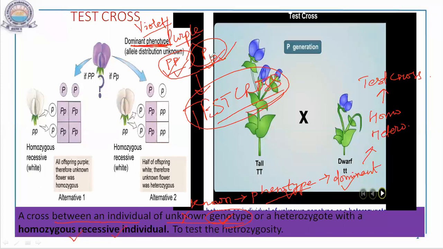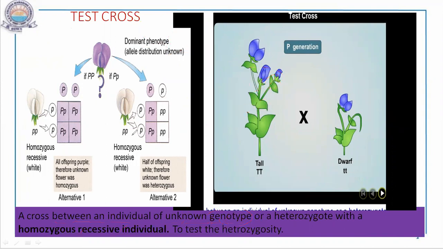So let's see how it is crossed with the homozygous recessive parent and how we can reach the appropriate genotype, whether capital P, capital P in this case, or capital P, small p. Am I clear to everyone? Could you just guess what we will do right now? You got an idea? Yes, ma'am.